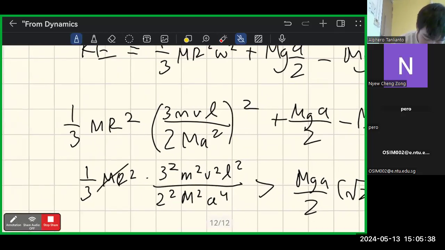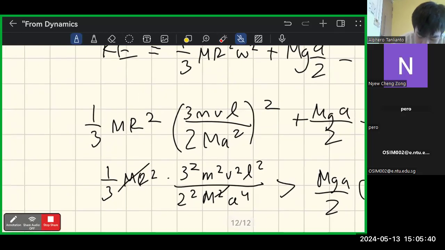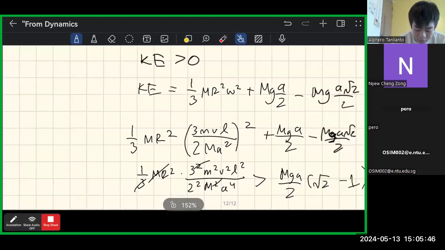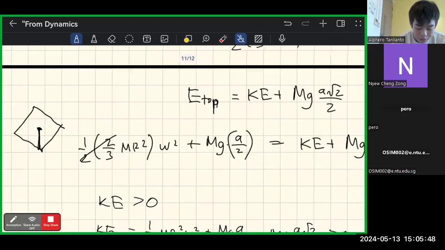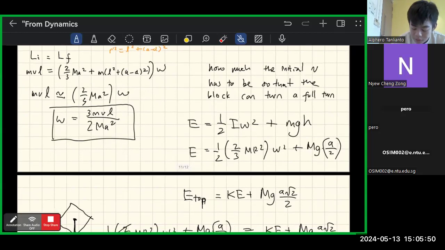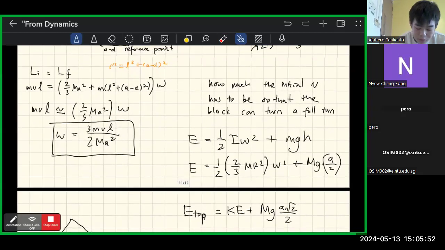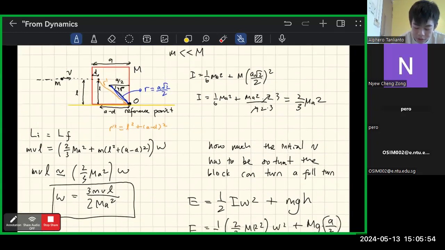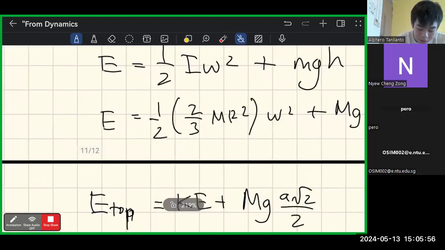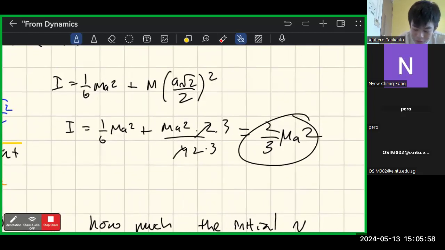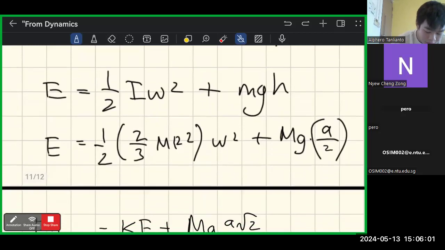And then we just cancel out some of the terms here so that it's easier for us to work on. Why do we have r here? What is r? What did I do with r? The moment of inertia is not r. Oh, it's a. Why was it r? Here, the moment of inertia is 2/3 of ma squared. I wrote it as r.